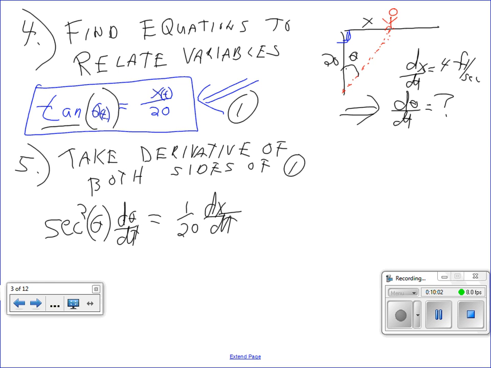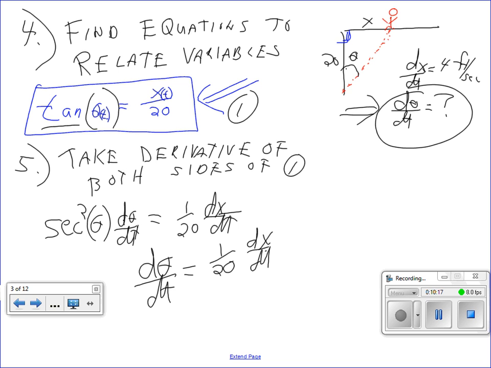What am I trying to find? I go back. Oh yeah, I want to find d theta/dt. Let's isolate that. d theta/dt is equal to 1/20 times dx/dt over the secant squared of theta.